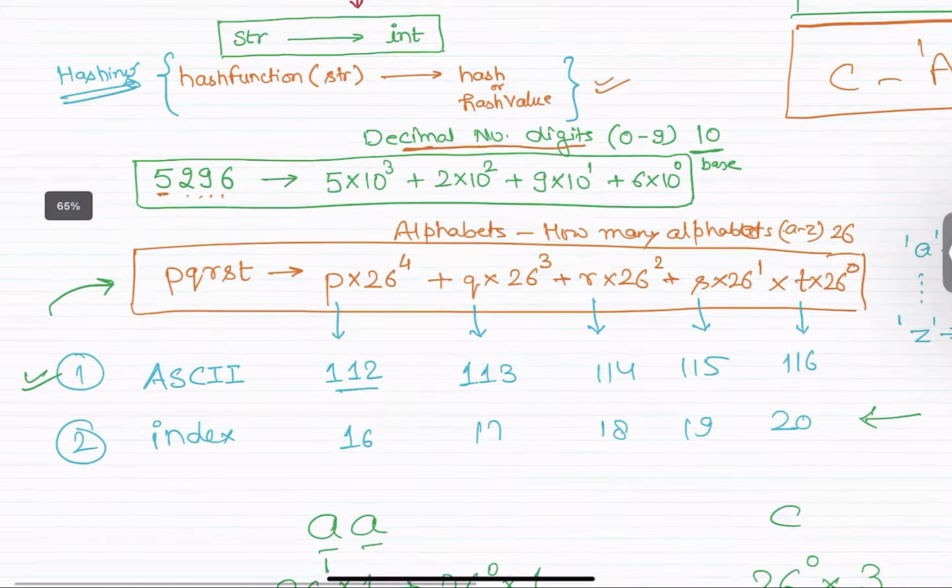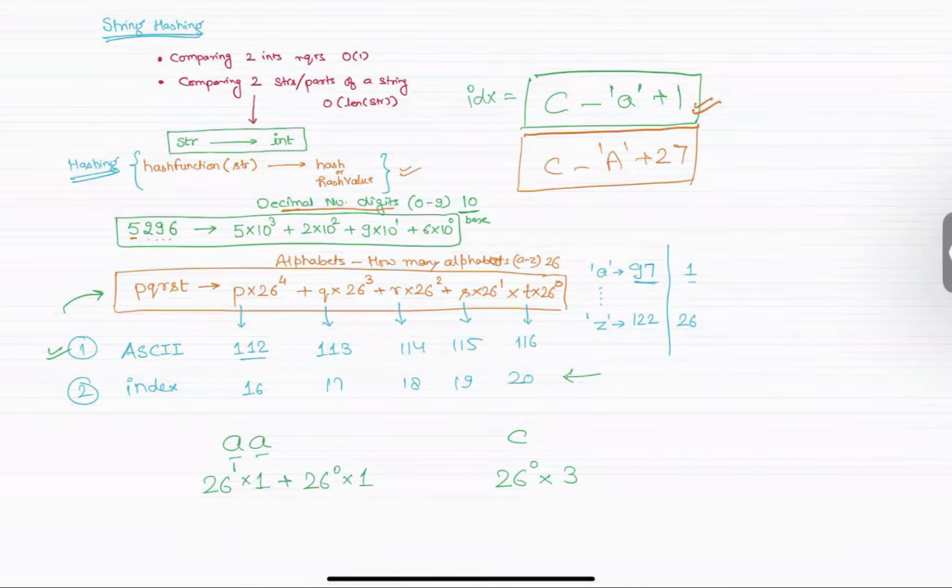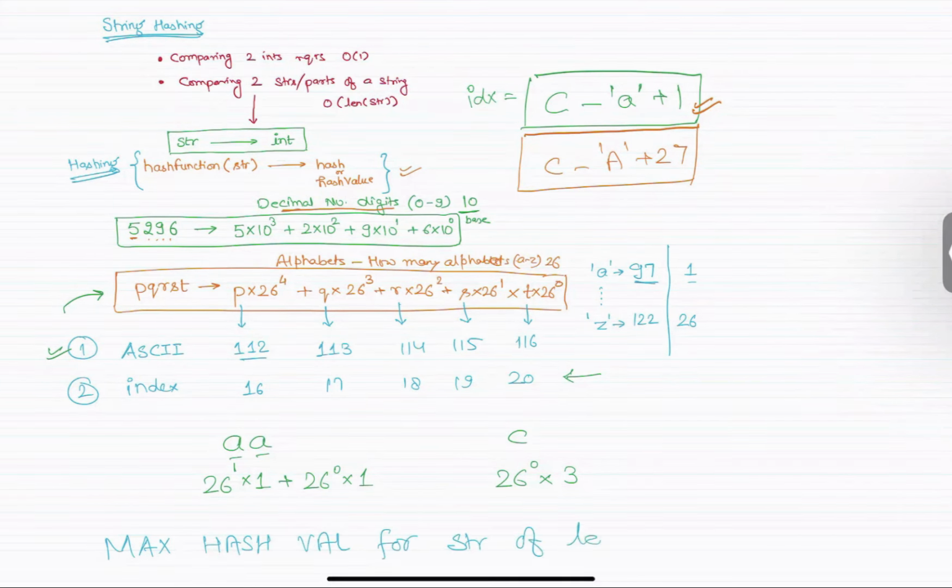What would be the hash value of a string considering only lowercase alphabets? What is the max hash value possible for a string of length 10 to the power 5? Only lowercase, because we are keeping to the original problem.